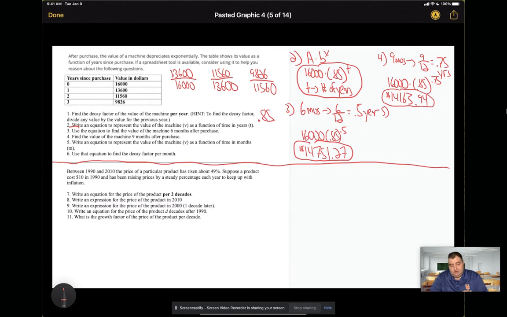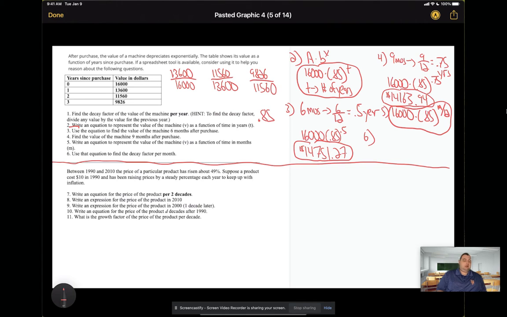So my equation per month is going to be 16,000 times 0.85 to the power of m over 12. That gives me my equation per month. All right, I can plug in any number of months. If I divide it by 12, that will automatically convert it to years.